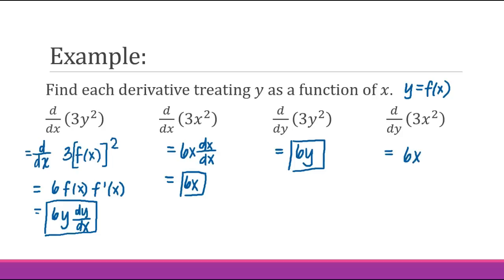But since the variables didn't match, we have to use the chain rule. So we have to say, okay, well, the derivative of that inside function, that x, would be dx dy. So we have to remember to take the derivative of the inside, which is just x, the derivative of x with respect to y. So this is going to be our answer for the last problem.